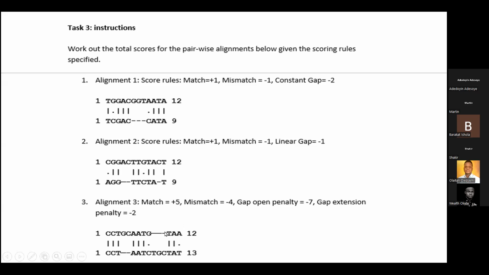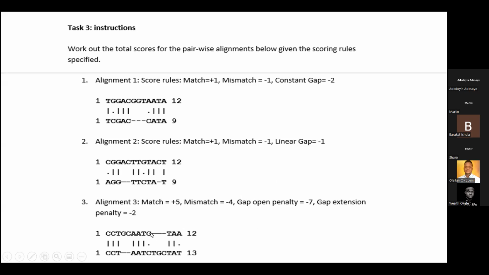We're supposed to multiply the gap penalty by the number of gap extensions that we have. We have a minus 2 for each gap extension.